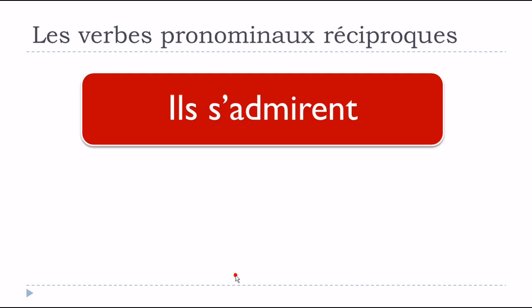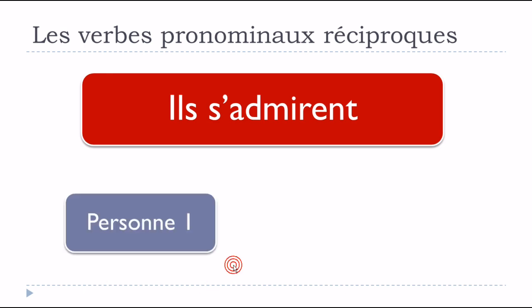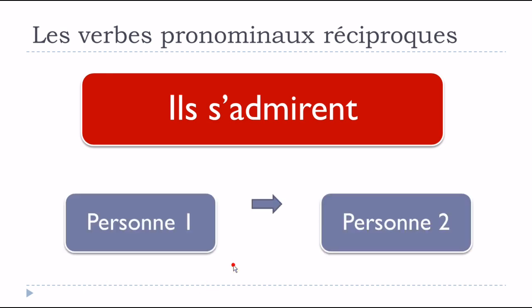But then of course the same sentence can mean, as we saw previously, this concept of verbes pronominaux réciproques. So, la personne numéro 1 admire la personne numéro 2, and then la personne numéro 2 admire la personne numéro 1. And in that case, of course, the meaning would be verbe pronominal réciproque, so they admire each other.